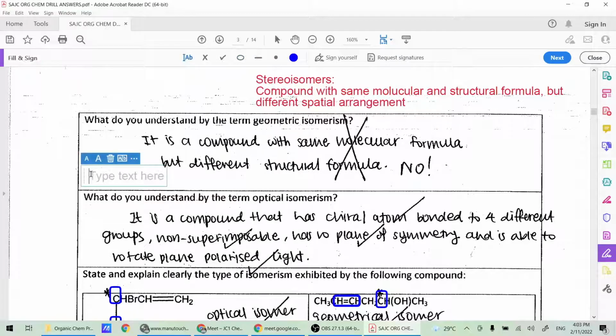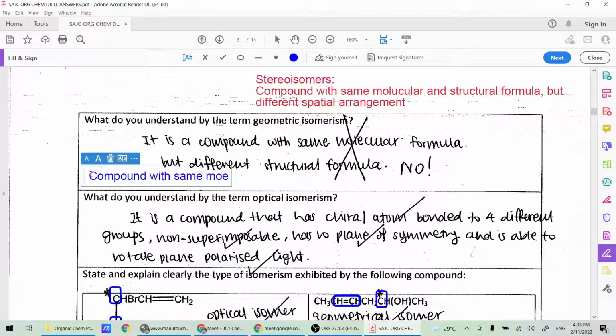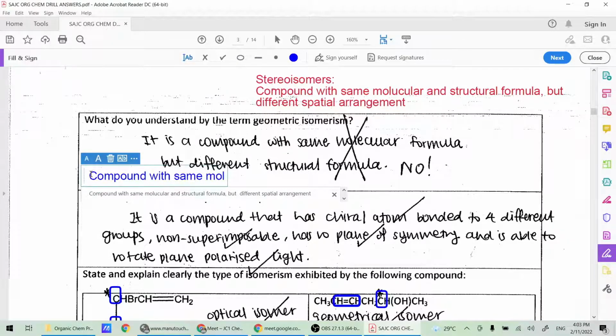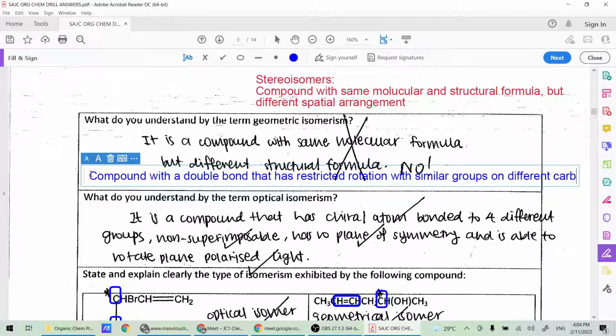This is my stereoisomers answer: compounds with the same molecular formula and a double bond that have restricted rotation. It doesn't always have to be a carbon double bond. Remember the previous example with the nitrogen. Next, an example of another with a double bond.